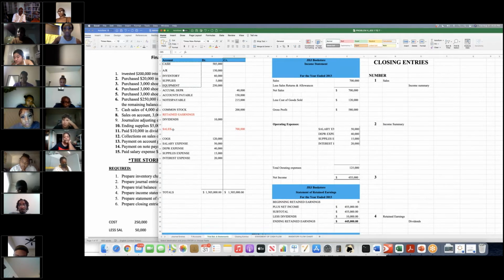Notice that the income statement was sales on down. So the balance sheet is going to be retained earnings up. So we're putting in our assets.